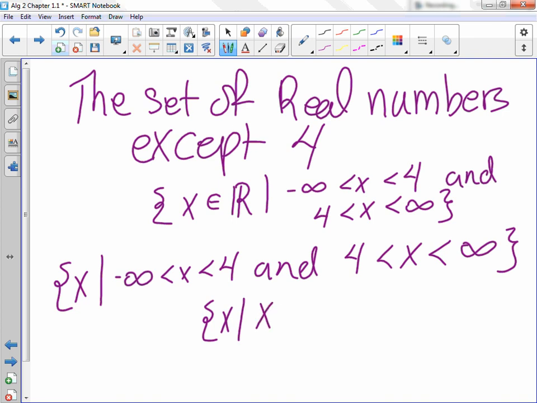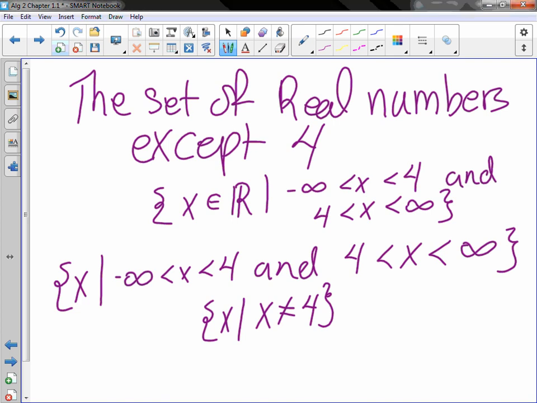Such that what? What all of these are saying is the set of all real numbers x such that x is not equal to 4. It's everything else, isn't it? These three here say the exact same thing.